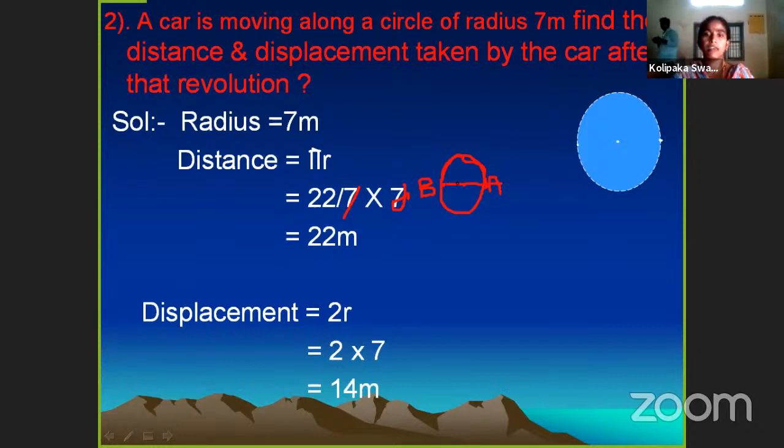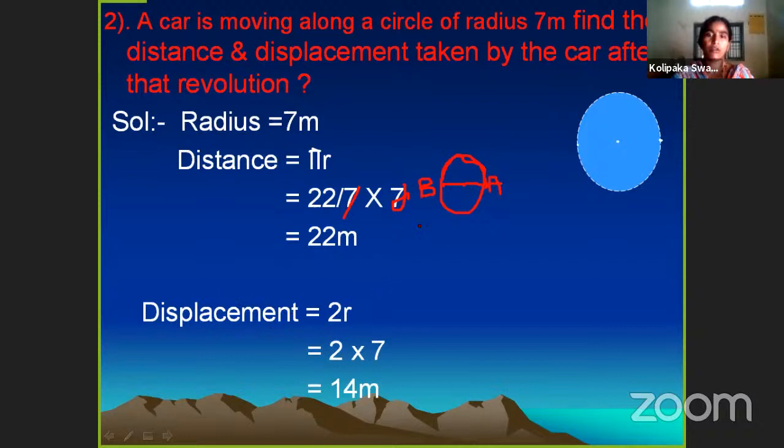So this length gives us the displacement. From the center to the circle, this is the radius. Radius is r, already given here, 7 meters. This is r. r plus r, 2r.